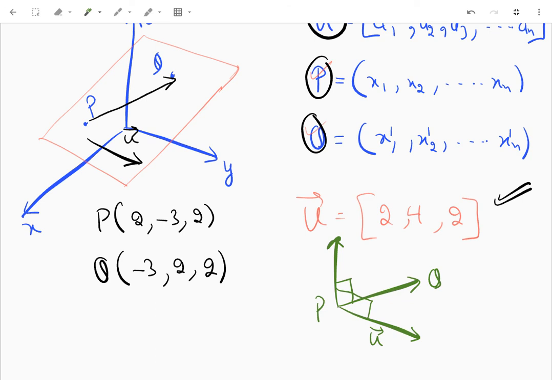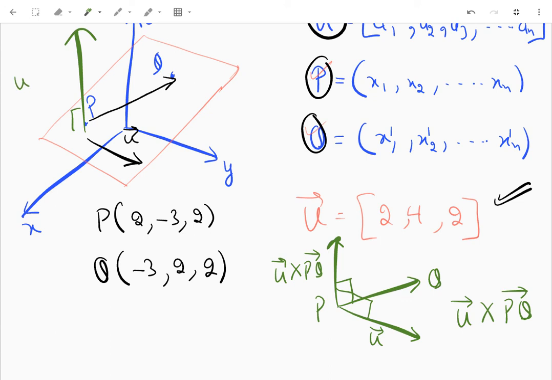How do we find a vector orthogonal to two given vectors? Well, we find their cross product, right? So I'll find U cross PQ, and that will be this vector right here. And if this is perpendicular to these vectors, it will also be perpendicular to the plane, right?